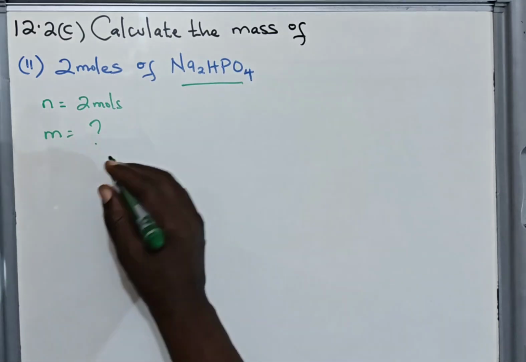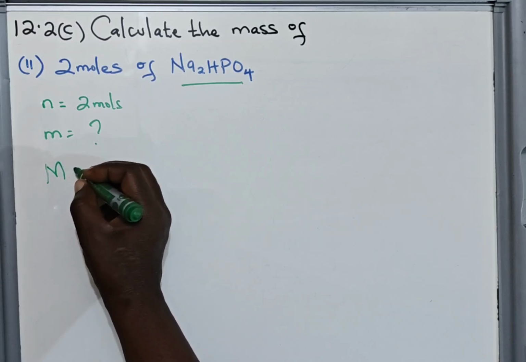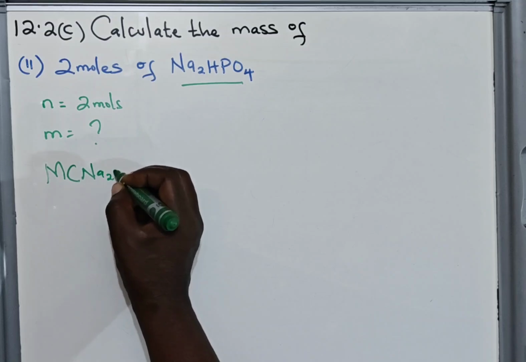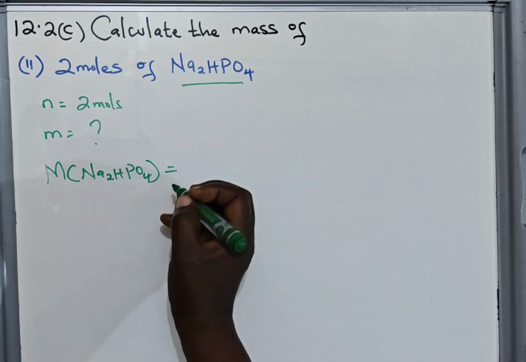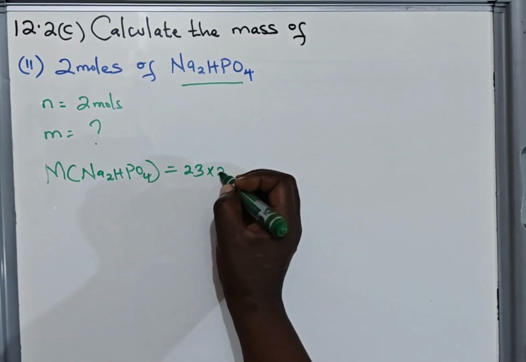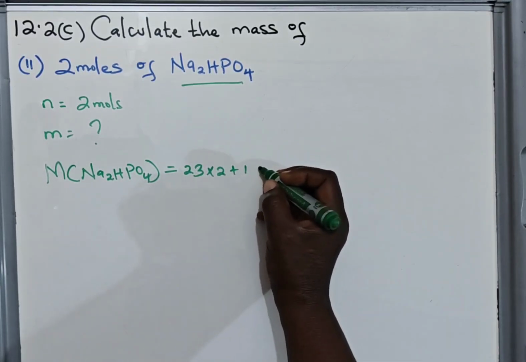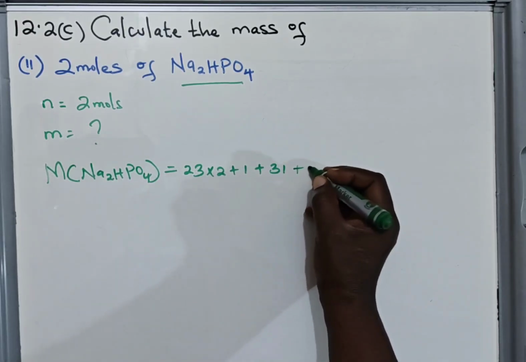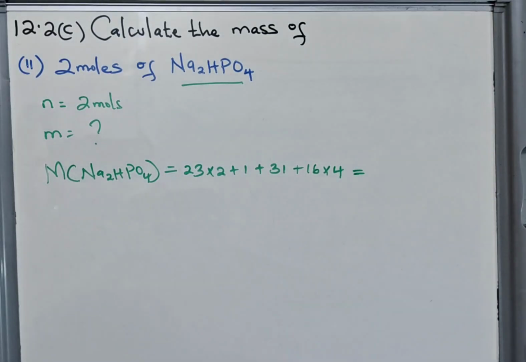But given the chemical formula of the compound, we can get the molar mass of sodium hydrogen phosphate. Sodium is 23, but times 2, plus hydrogen, which is 1, plus phosphorus, which is 31, plus oxygen, which is 16 times 4.